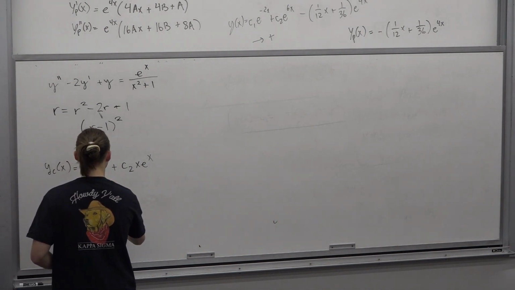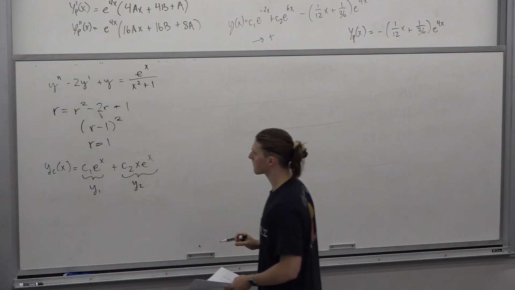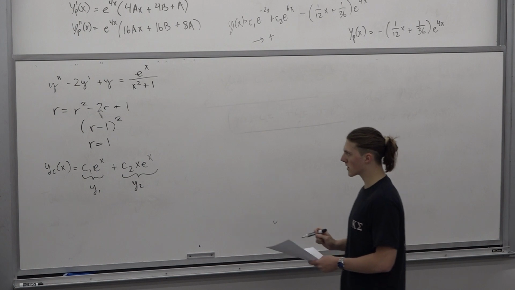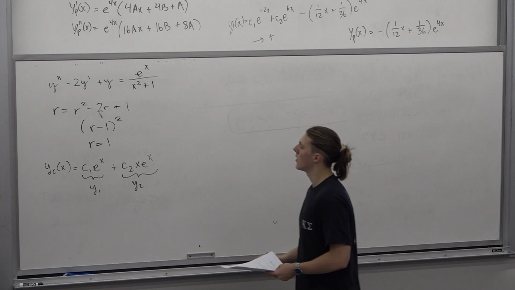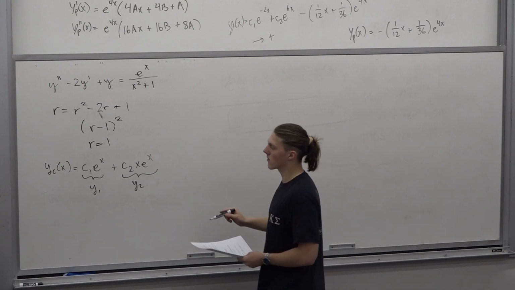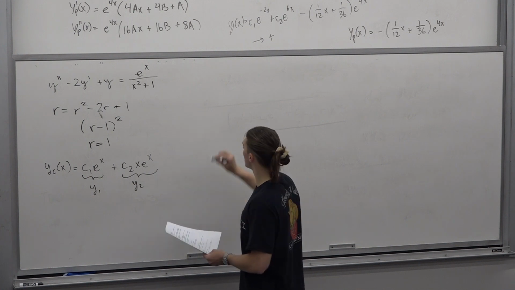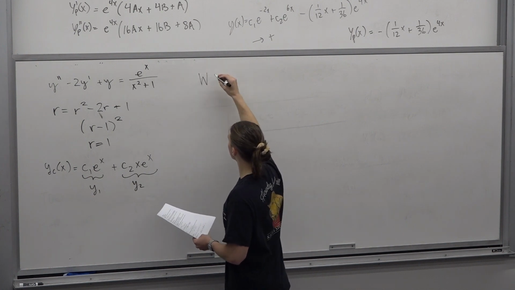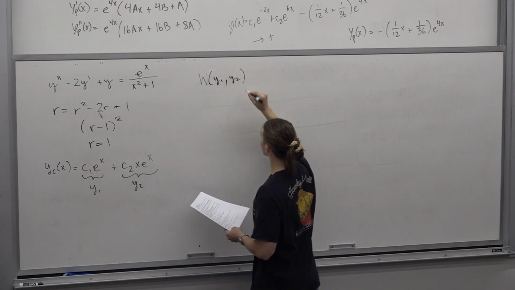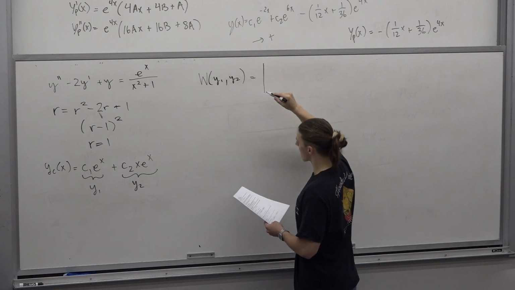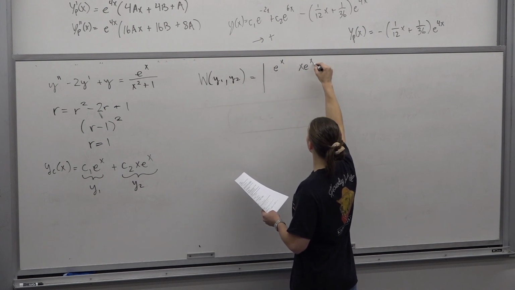So this is our first function of y, and this is our second function of y. What we can do here is start calculating the variation of parameters based off of what we have. First thing to do, let's calculate the Wronskian of y1 and y2. We have e to the x and x e to the x.